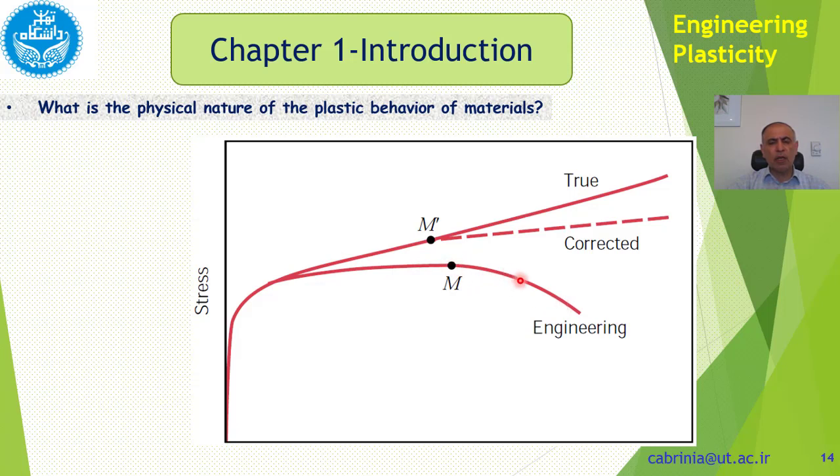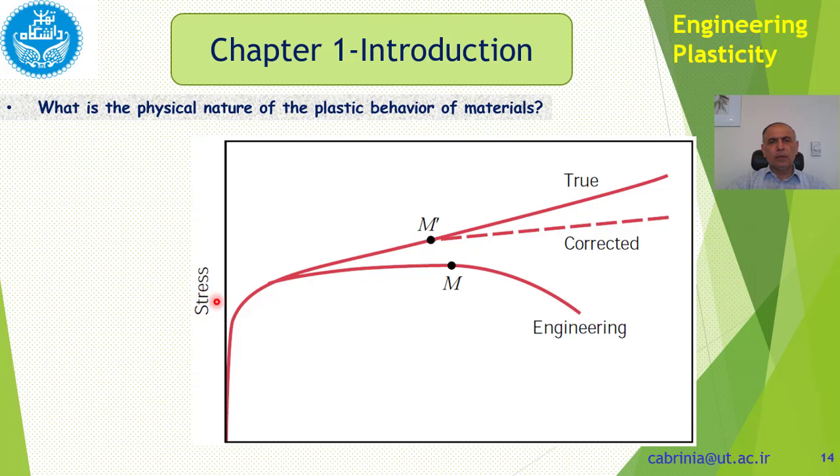Because the original cross-sectional area is used, but in fact the area decreases. Okay, so what happens when we use the original area?